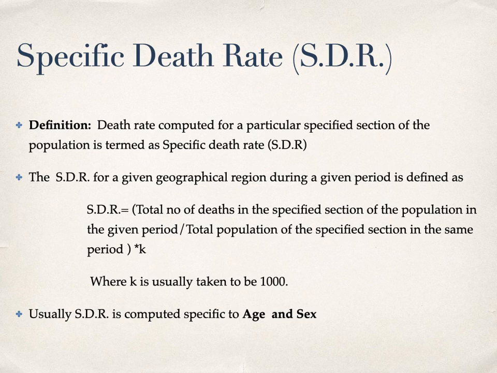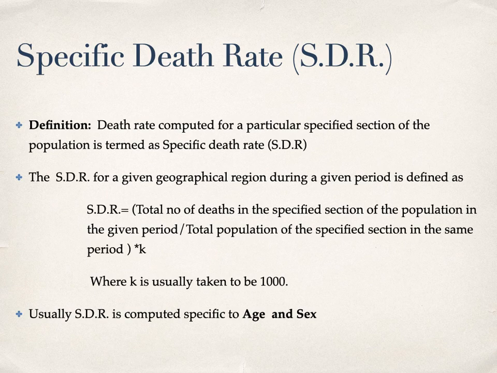So in the denominator we have the population of a specified section in a particular time period, and in the numerator the number of deaths in this population that we have taken for the study, multiplied by 1000. Usually we consider the specific death rate in terms of age and sex. That means we take the specific death rate by age and gender.